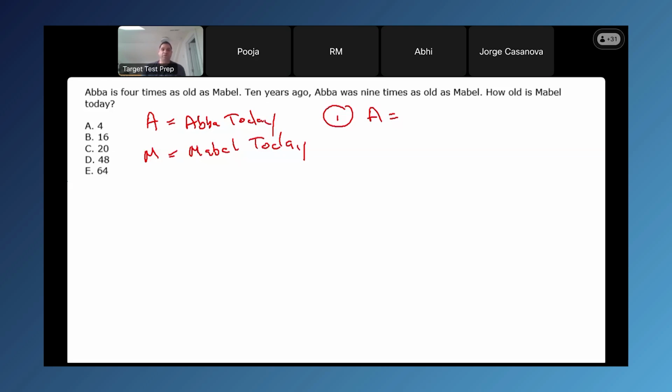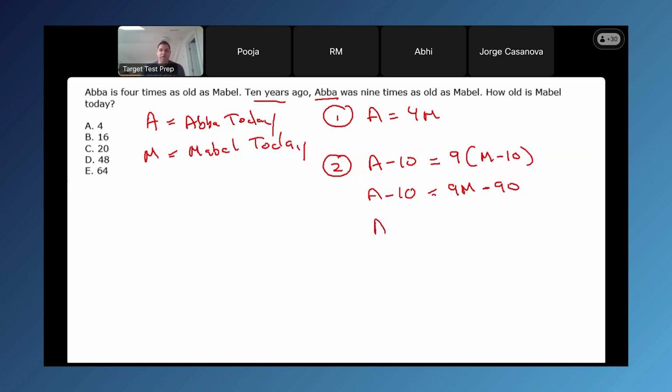So she's 4 times as old as Mabel, so A is equal to 4M. Statement 2, 10 years ago, okay, so that means A minus 10. She was 9 times as old as Mabel. Mabel minus 10. A minus 10 is equal to 9M minus 90.